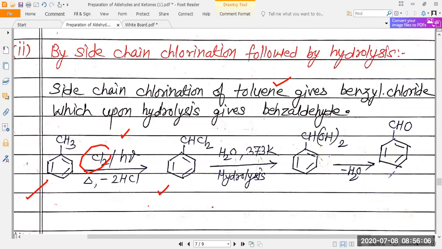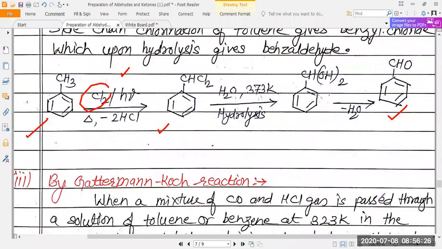So these are the different methods to form aldehydes. These methods are for formation of aromatic aldehyde. This is benzaldehyde, and it is a type of aromatic aldehyde.